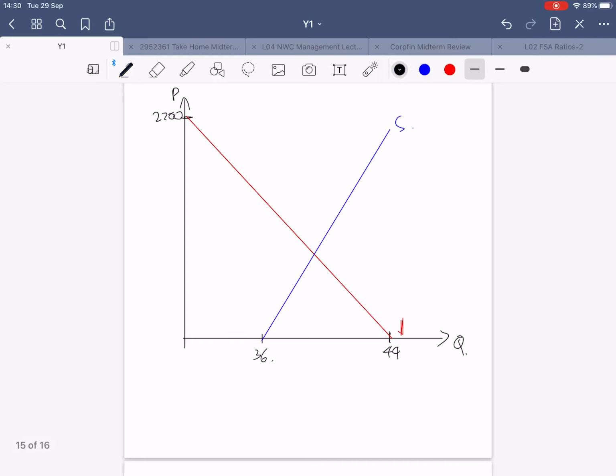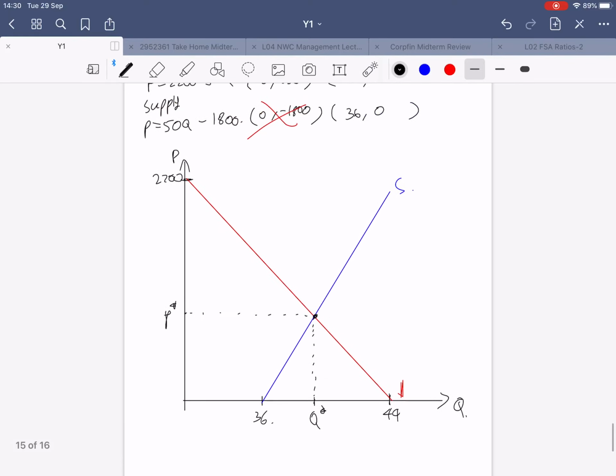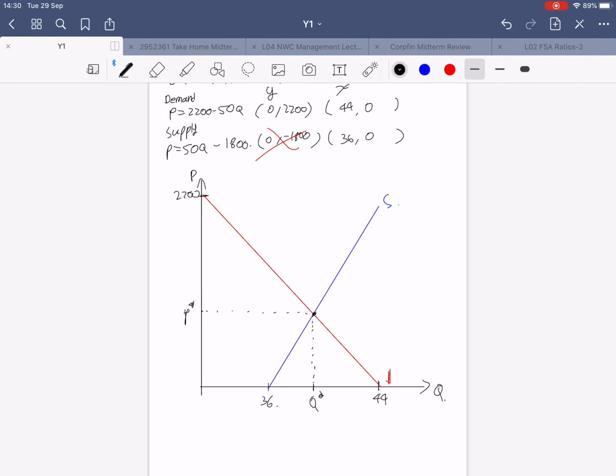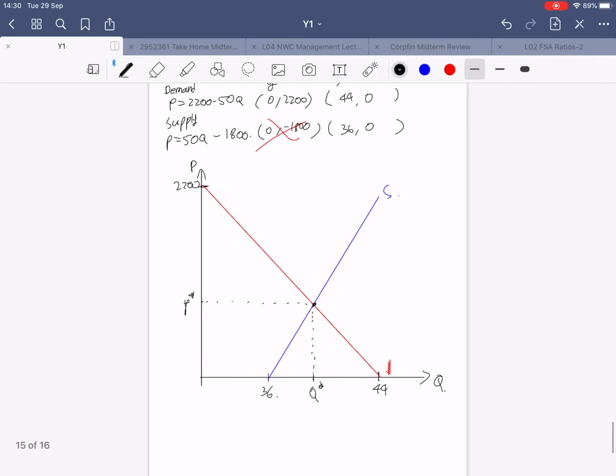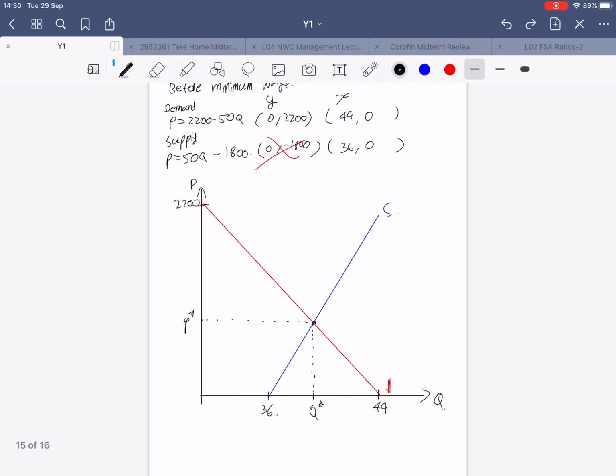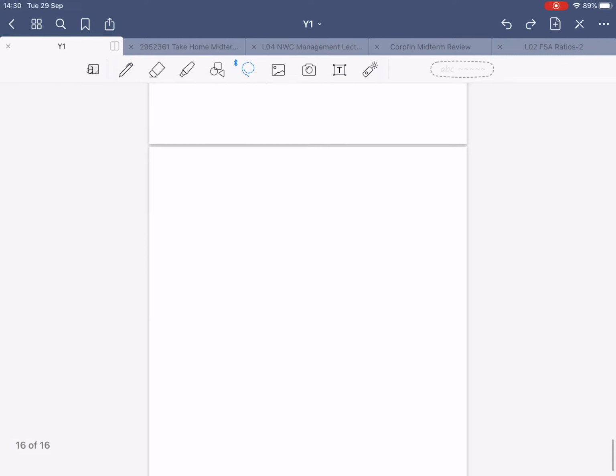Okay, and now we can see the equilibrium here, and we want to know the equilibrium quantity and the equilibrium price. As the definition, equilibrium is where the demand curve and supply curve meet. So in order to find this point, we can use these equations and set them equal.